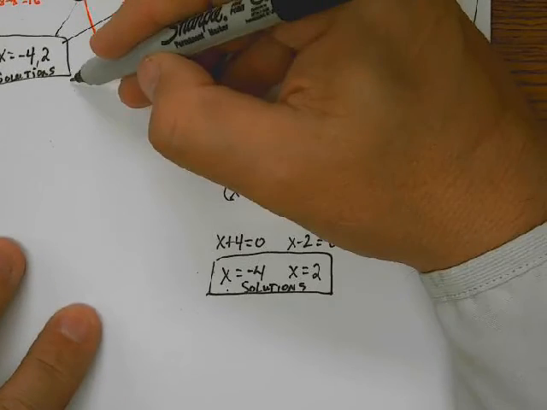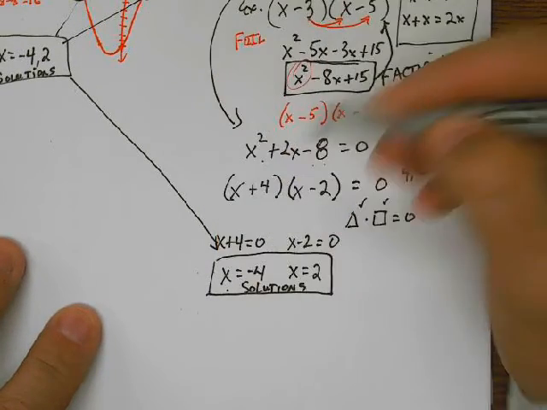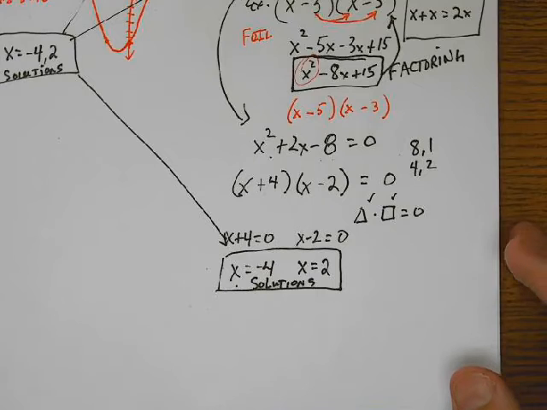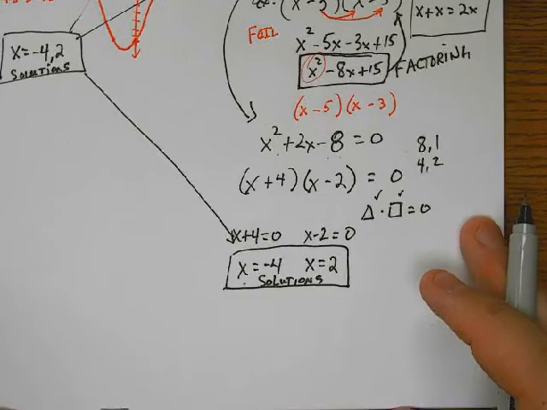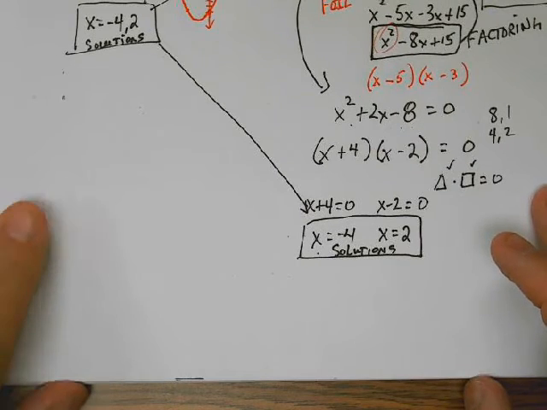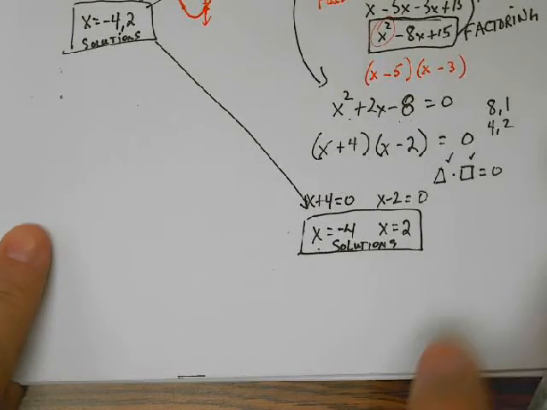Look at that. Same, -4, +2. That's our second method for solving a quadratic equation. Should be review. If not, learn it. Factoring.